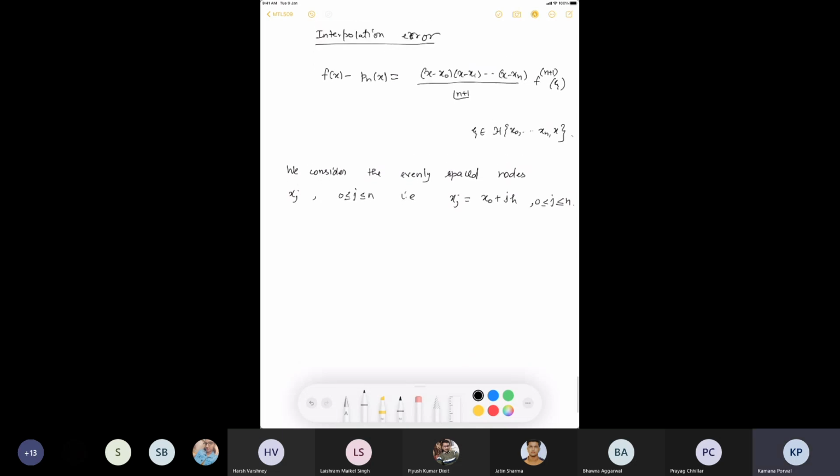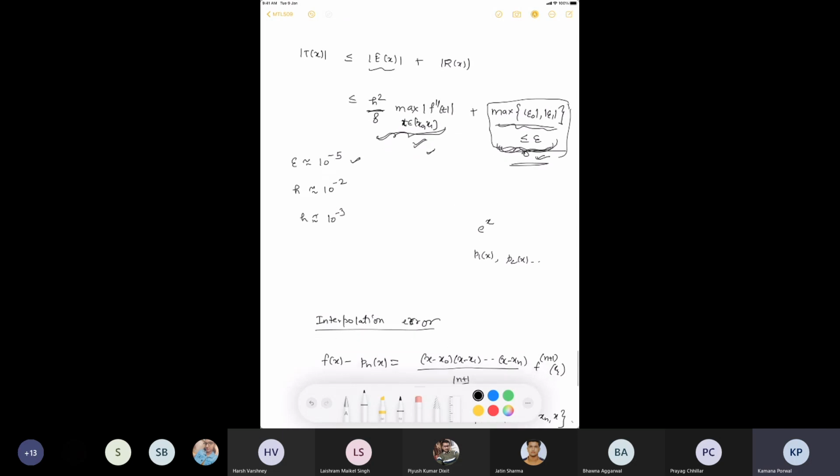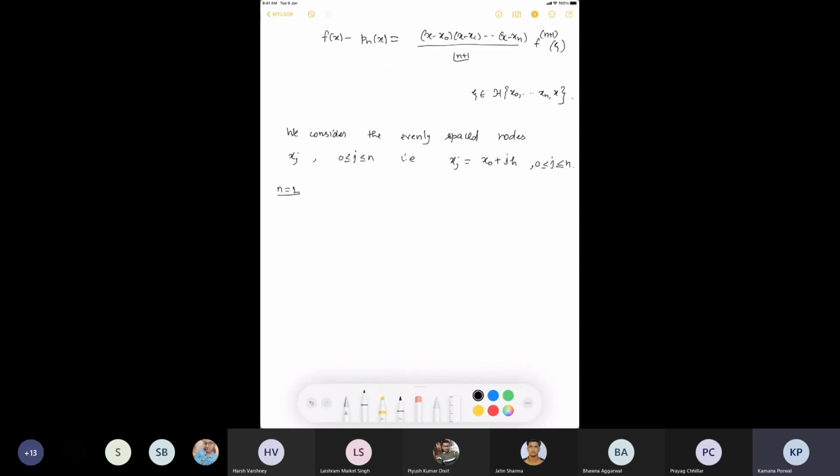And let's first understand the case n is equal to 1. The same argument which we have already used, I'm just going to take the same ideas. We have already seen these arguments, so I'm not going to write it directly.